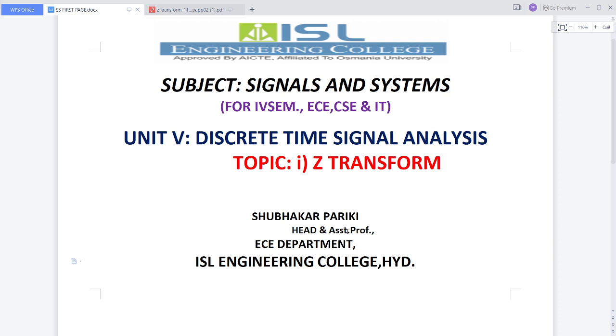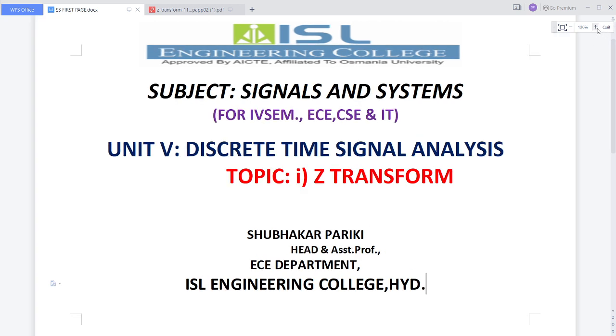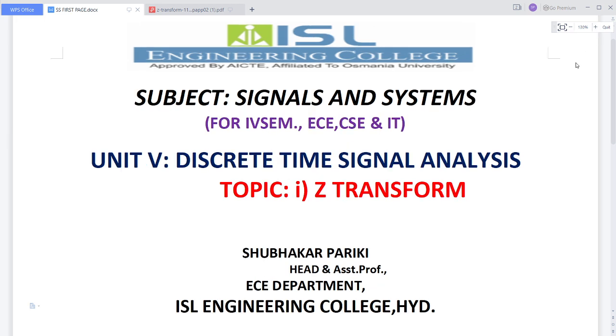The solution of that difference equation is somewhat tedious and time consuming, so we depend on another indirect method that is called the Z transform. So the Z transform is a method which is used to solve the difference equation of a linear time invariant discrete time system.